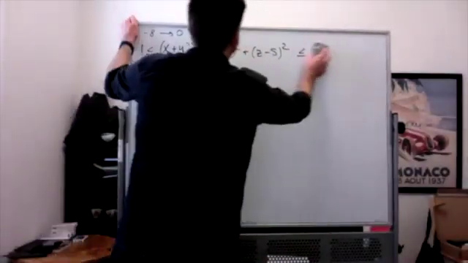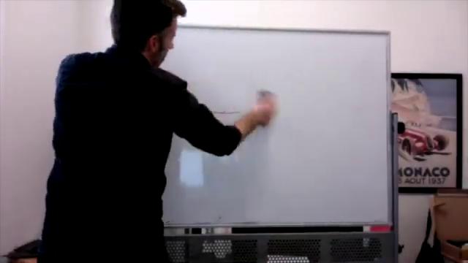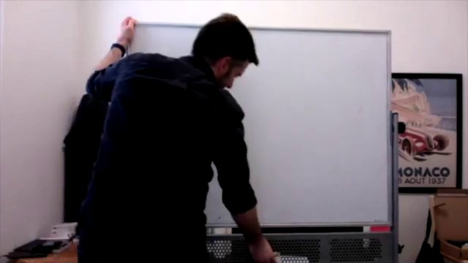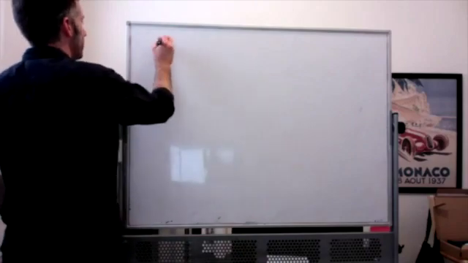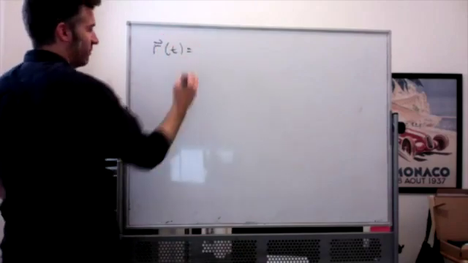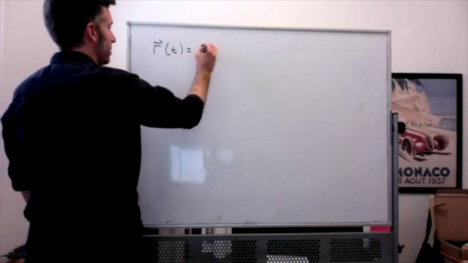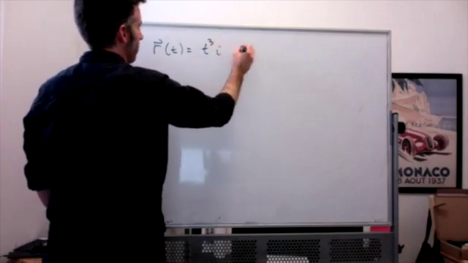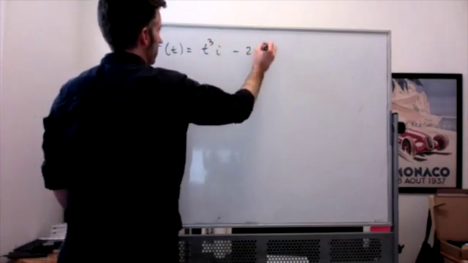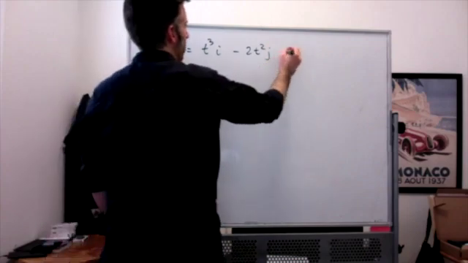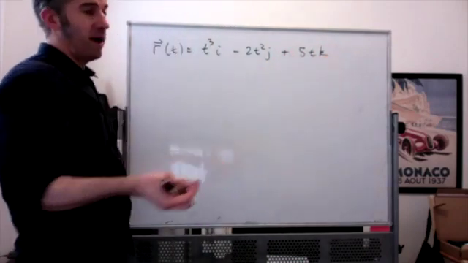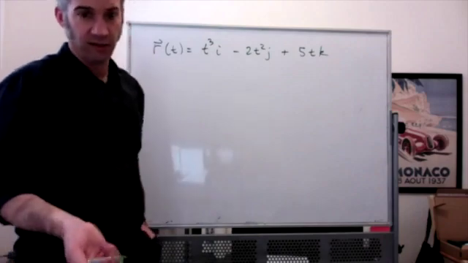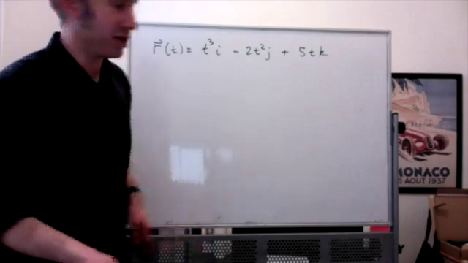In 13.1, mostly it's just stuff with vector valued functions. So r(t) might be some vector valued function like t³ i − 2t² j + 5t k. And then you can find the velocity and the acceleration vectors in the usual way, just by differentiating.